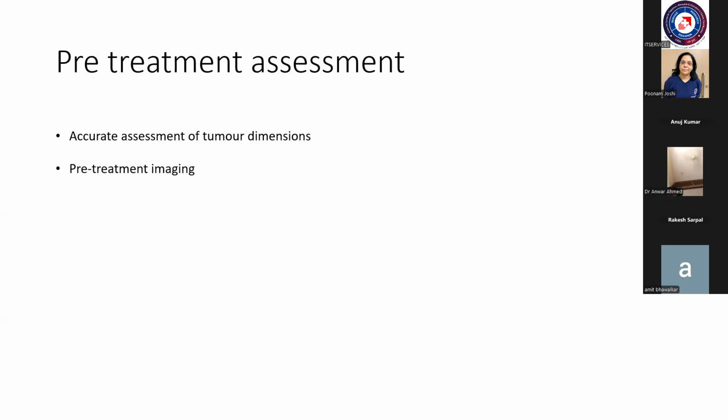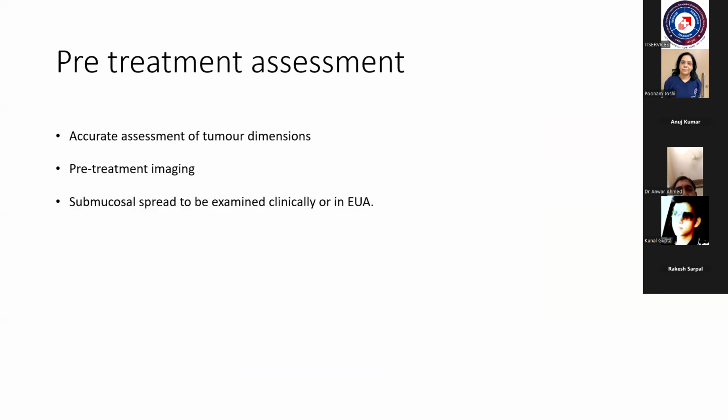So in the lip, normally the patients come with a CT scan and we can assess the tumor size clinically. So clinical examination will definitely help us know the extent, induration, and any submucosal spread. And along with imaging, it will definitely help to identify if there are any neck nodes.